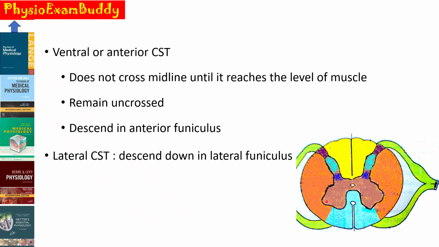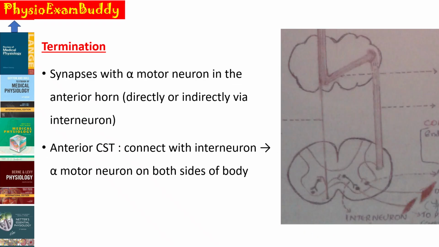And this ventral or anterior corticospinal tract, which ends in the anterior funiculus, does not cross the midline until it reaches the level of the muscle, and it remains uncrossed and descends in the anterior funiculus. Whereas the lateral corticospinal tract descends in the lateral funiculus.